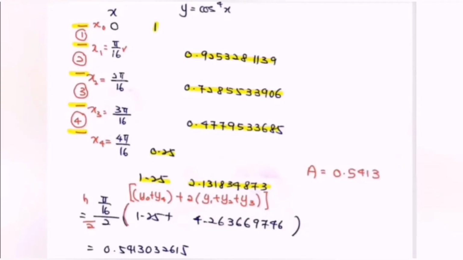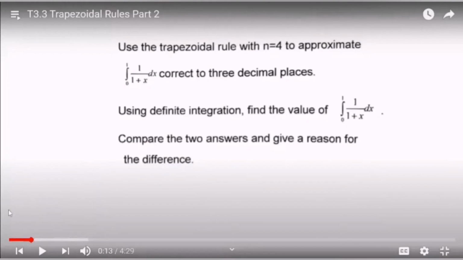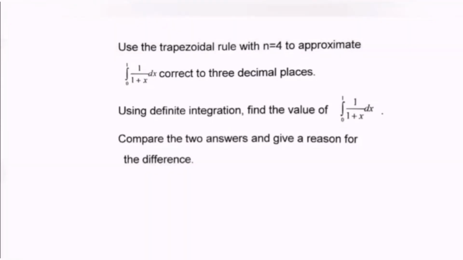Now, I am not using a trigo example. I use an example that has 3 parts in the question as an explanation. Use the trapezoidal rule with n equal to 4, meaning that we have 4 strips, to approximate the definite integral of 1 over 1 plus x with respect to x for the limit 0 until 1, correct to 3 decimal places.